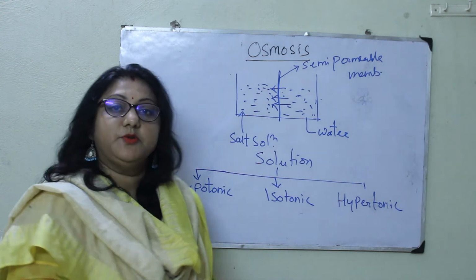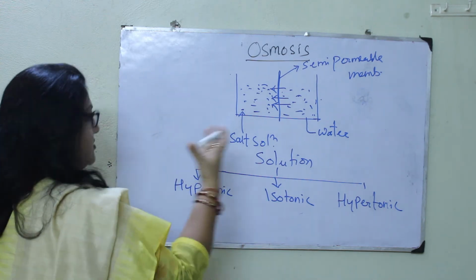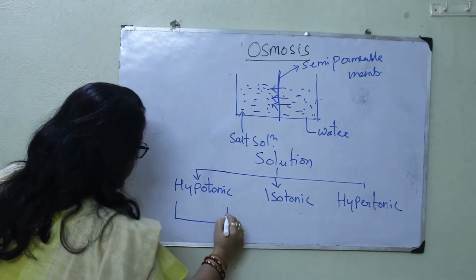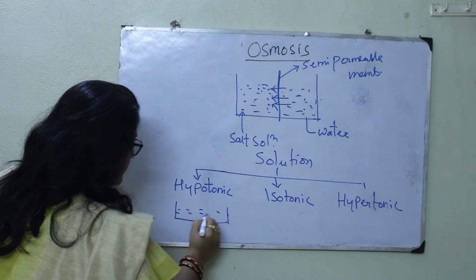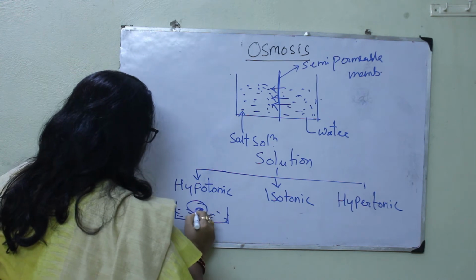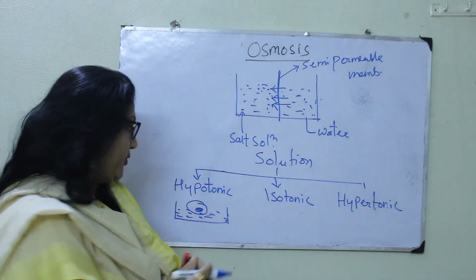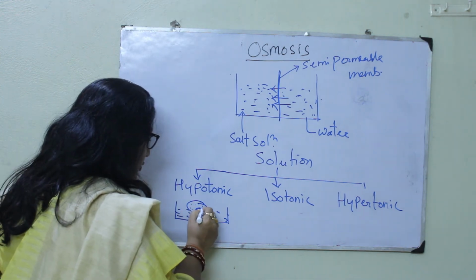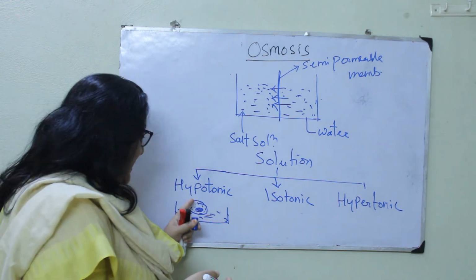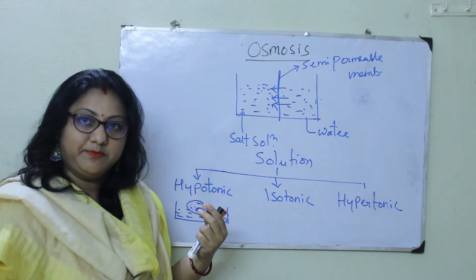Now which type of solution will we say is hypotonic? Suppose I draw a vessel here, a vessel containing salt solution, and I keep an animal cell inside the solution. Now suppose the concentration of water in the cytoplasm is less than the concentration of water in the outside medium, right?